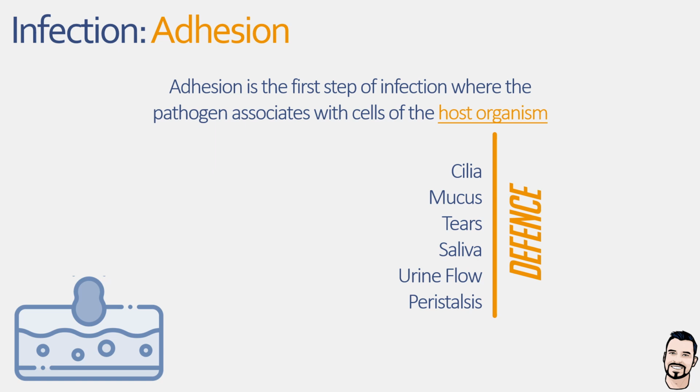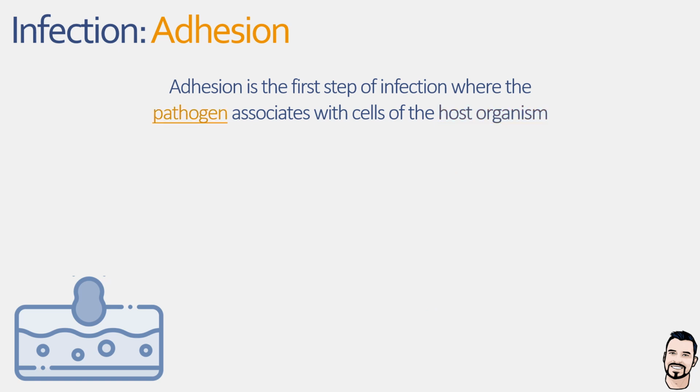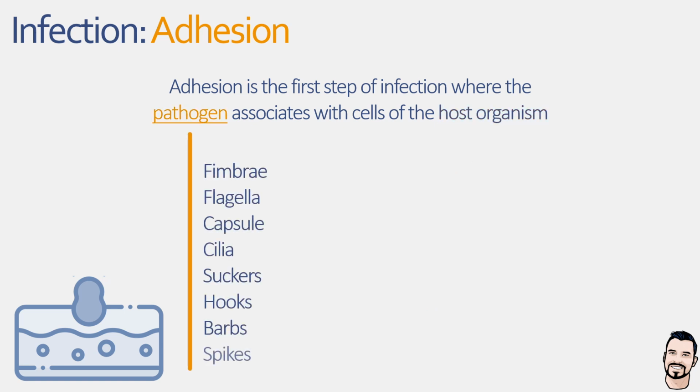To resist being removed, microorganisms rely on what we call adhesins. This is a general term for molecules that promote attachment to the host cells. Adhesion is therefore a direct countermeasure to these innate defenses and a critical early step in infection. Adhesins come in many different forms depending on the type of pathogen.